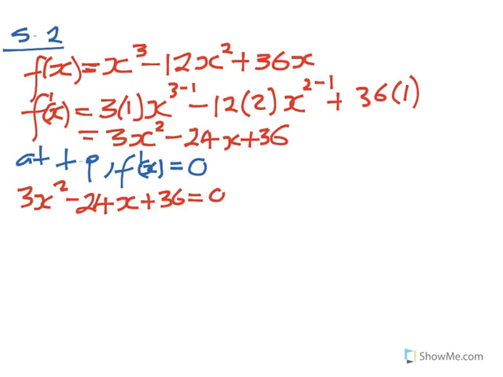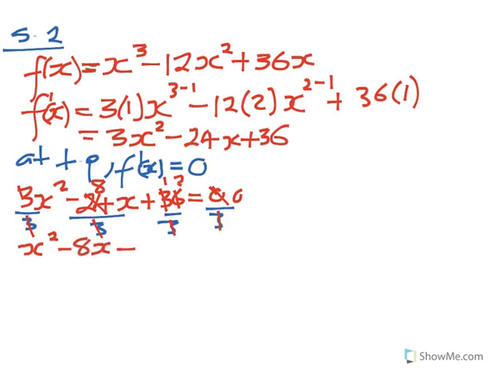So we can see that 3 there is common. You can cancel out the 3. 3 into 24 is 8. 3 into 36 is 12. 3 into 0 is 0. So now we are going to have x squared minus 8x plus 12 is equal to 0.